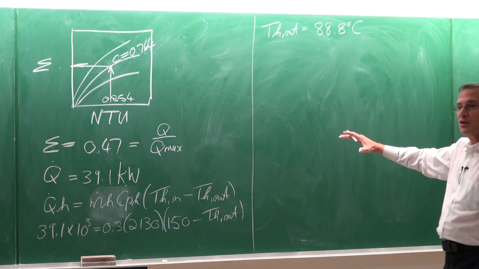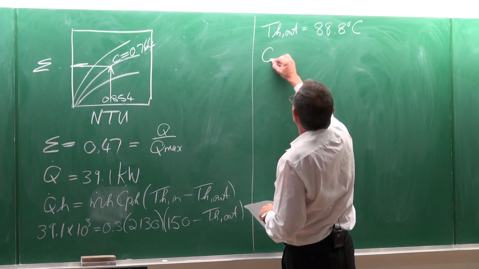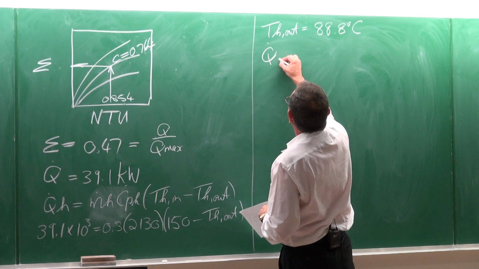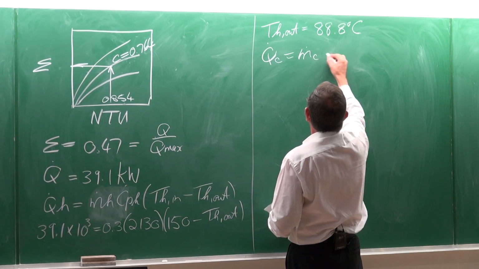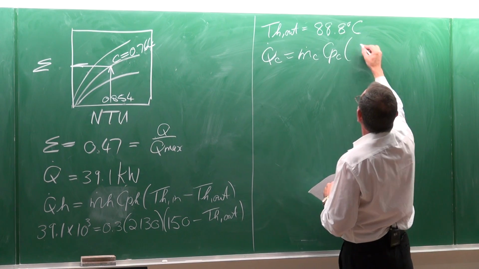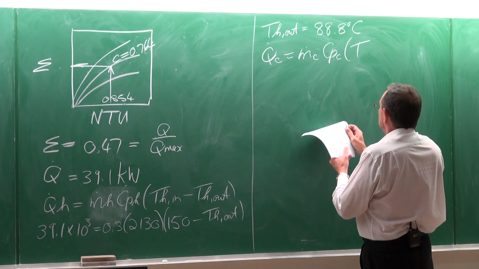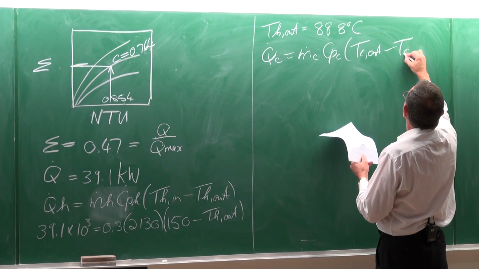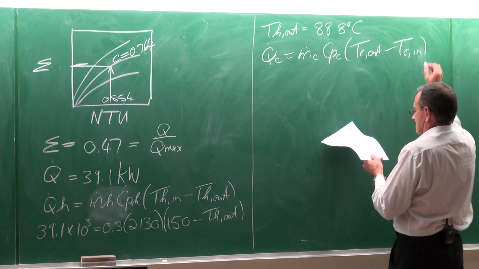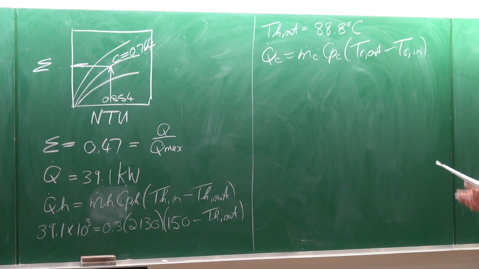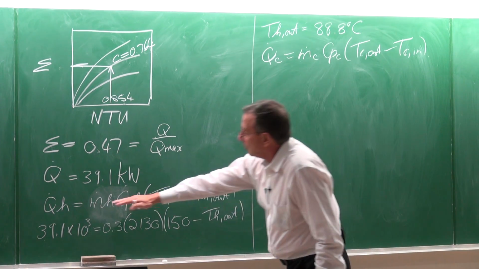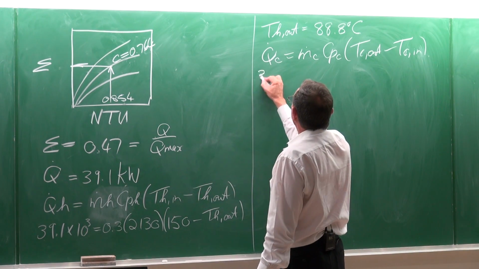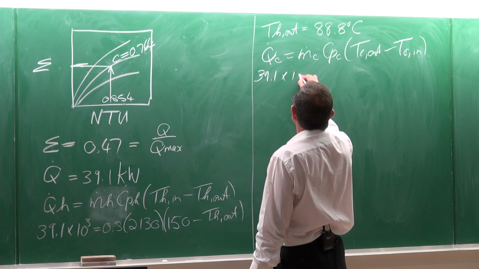Okay. So the next one is, now we do it on the cold side. The heat transfer rate on the cold side is equal to the mass flow rate on the cold side, the Cp on the cold side, the outlet temperature on the cold side minus the inlet temperature on the cold side. The heat transfer rate on the hot side and the cold side, both of them must be 39.1 kilowatts.